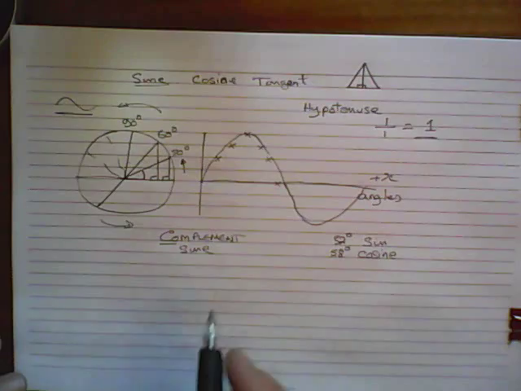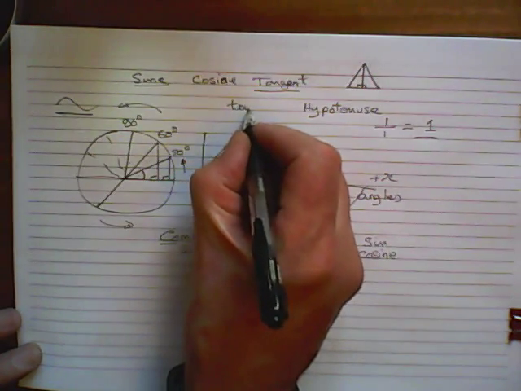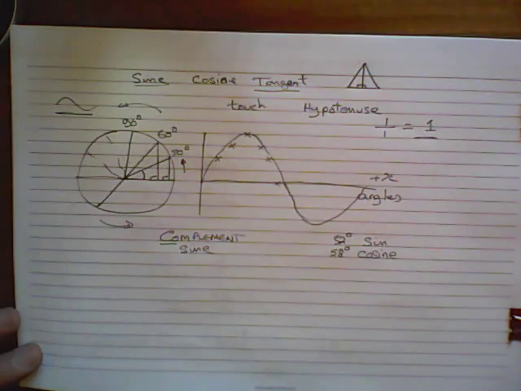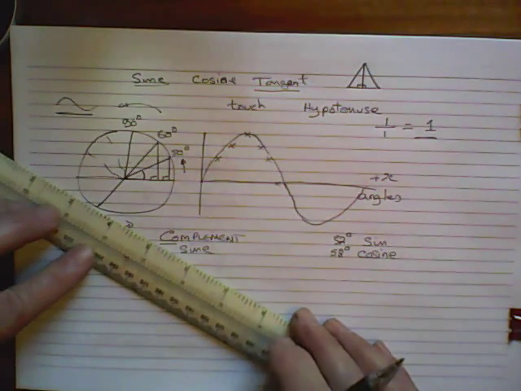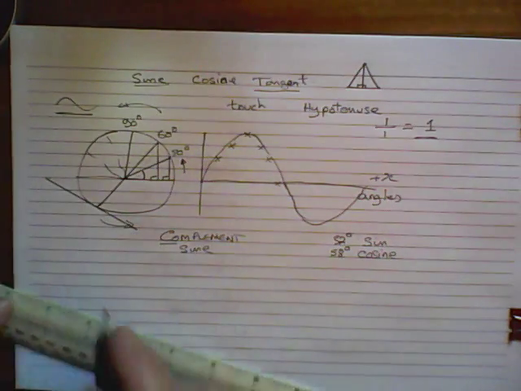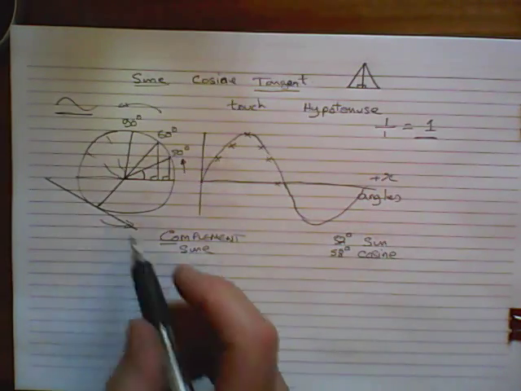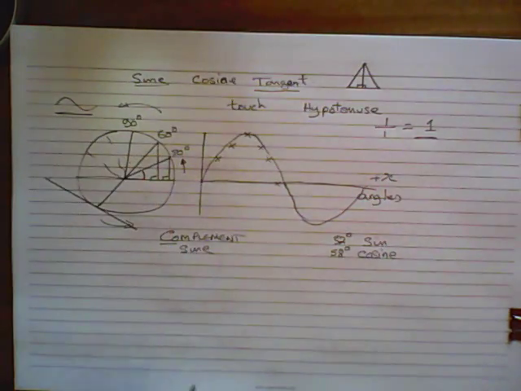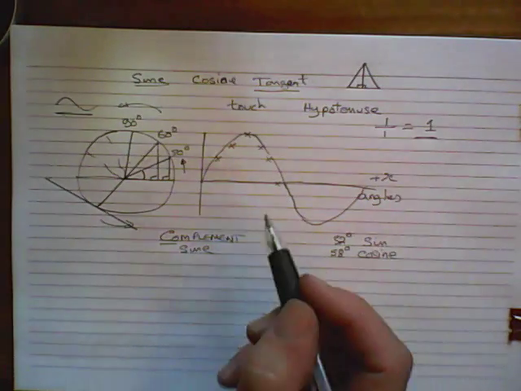Now the word tangent means to touch. I'm going to draw a straight line that touches the circumference of a circle, and it must be at right angles to a radius at some point around that circle. So we've got touch, tangent.